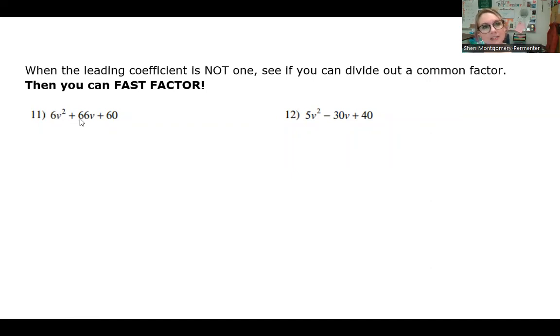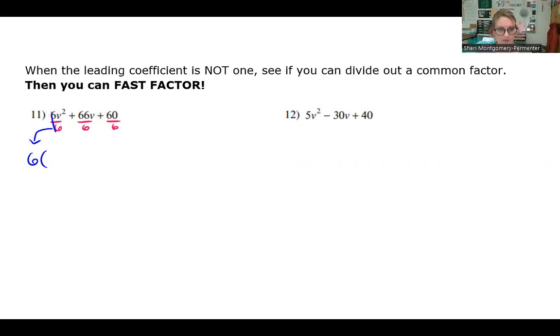So I can divide out a 6 from everything, right? So I divide it out. And anytime you find a GCF, or greatest common factor, you have to write it in the front and it doesn't go anywhere.